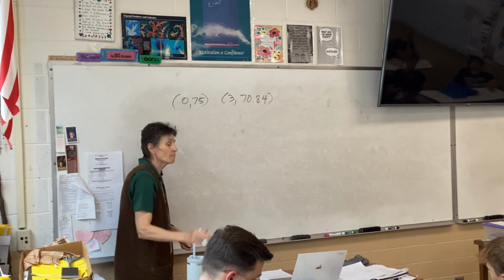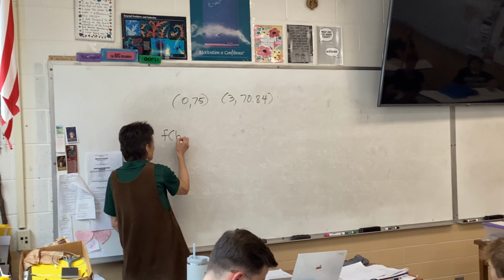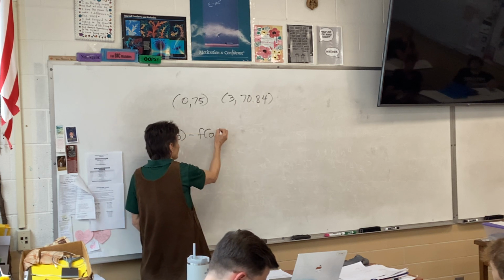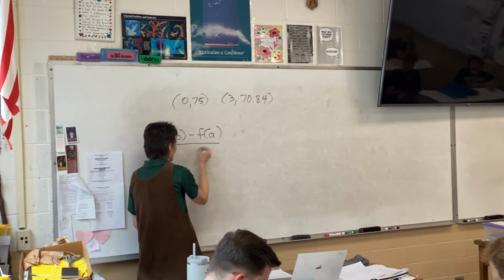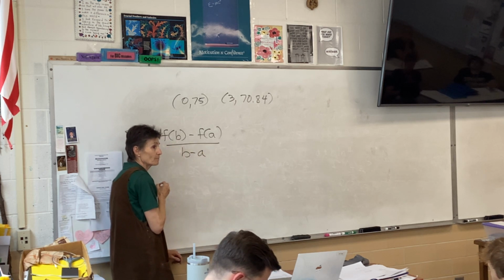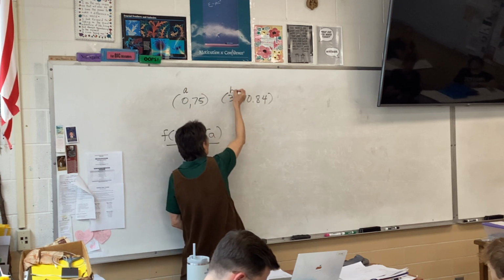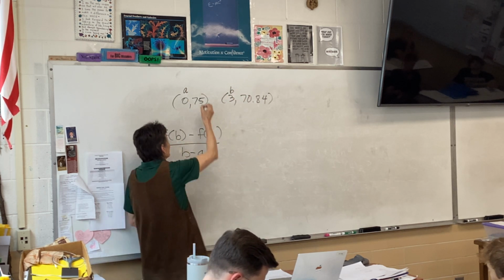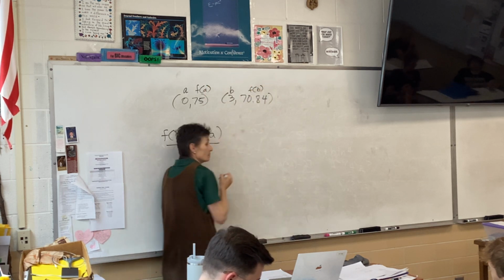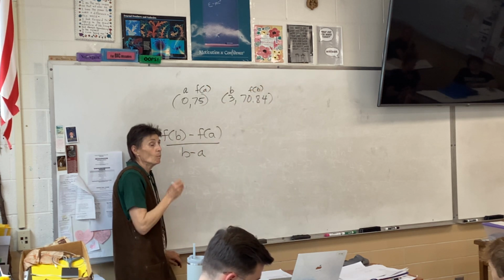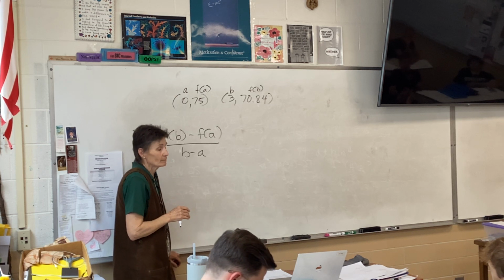What is the formula for the average rate of change? f of b minus f of a, over b minus a. This is your a, and this is your b, and this is your f of a, and this is your f of b. What is average rate of change? A fancy way of saying slope.